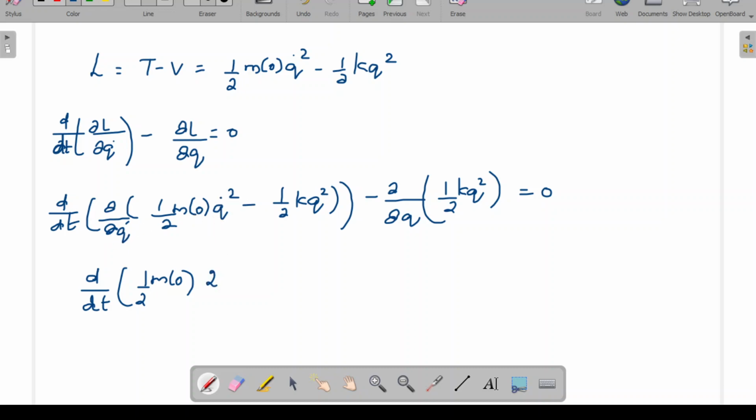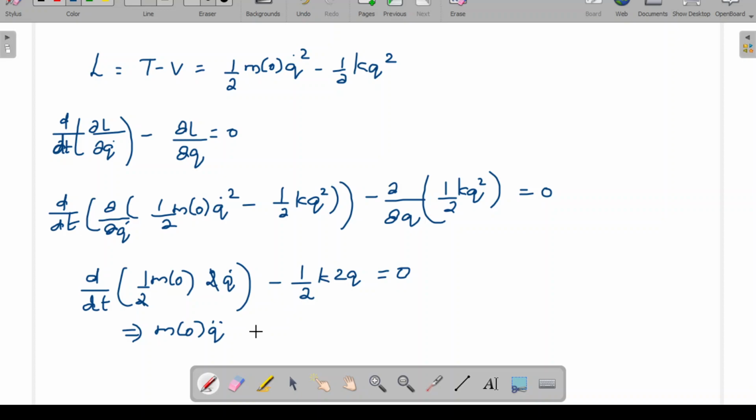This becomes 2 into q dot, right? And this becomes minus half k q. This is equal to 0. So the 2 and 2 cancel, and this becomes m0 q double dot, right?